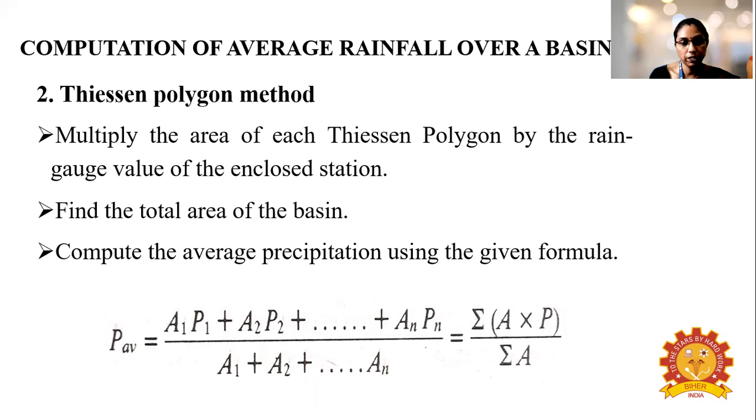Similarly, A2 is the area surrounding gauge station 2, and P2 is the amount of rainfall recorded in station 2. So the summation of area times precipitation divided by the summation of the areas will give you the average rainfall over a basin. These are the steps followed in the Thiessen-Polygon method.